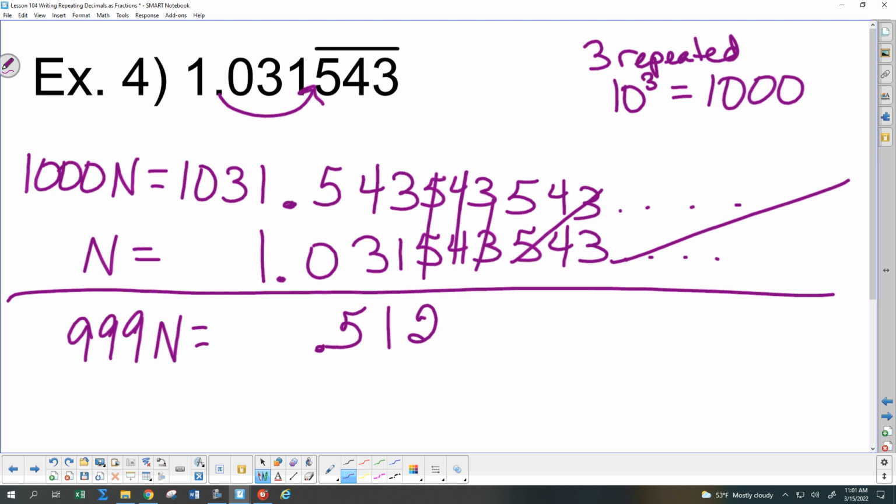Bring down the decimal. 1 minus 1. And then we've got the 3 and the 0 and the 1 out there. What do I need to divide both sides by so that I can have just n, Austin? 999.